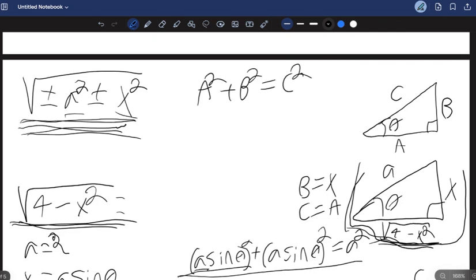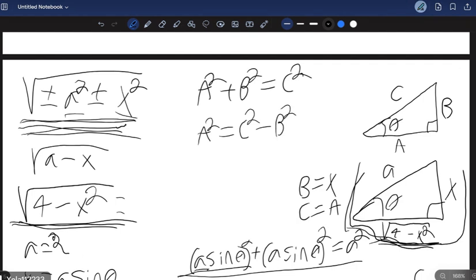And if in this case I have the square root of a constant minus x, then I would want to subtract one of these from c squared, so I can have a positive number equal to something minus something.